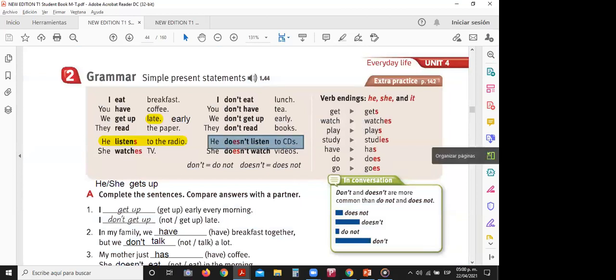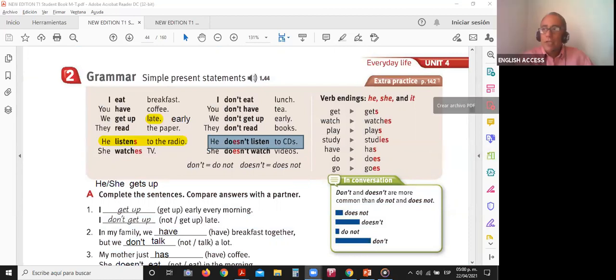Very good, very good. And also here the verb doesn't have an S. So we don't add an S when the sentence is negative. We use no S when the sentence is negative. Antonio, can you read the second one?